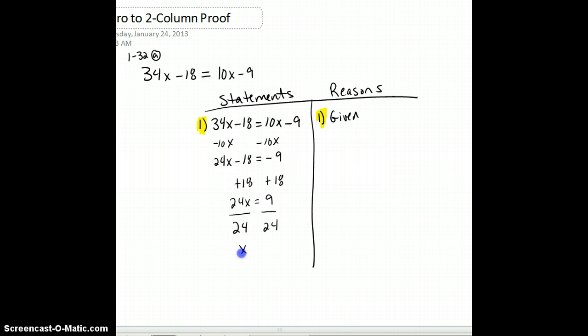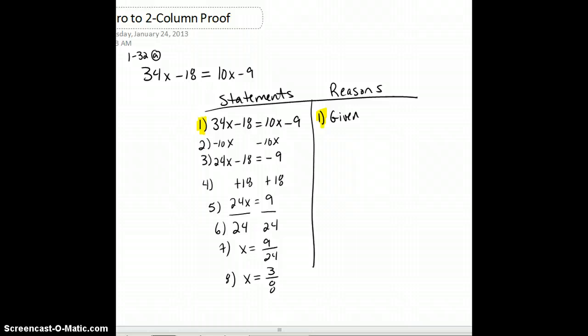And I'm left with x is equal to 9 over 24, which I'm going to make sure that I reduce, so I get x is equal to 3 over 8. So there's our entire algebraic sequence. Now let's go through and number it.